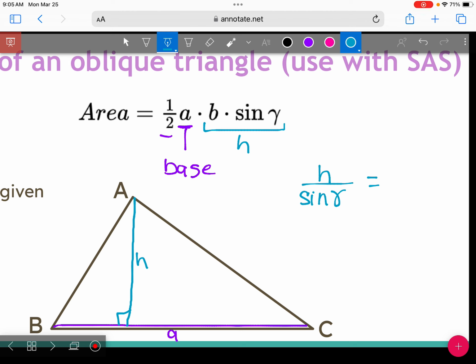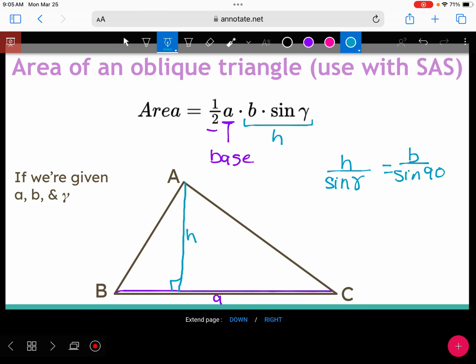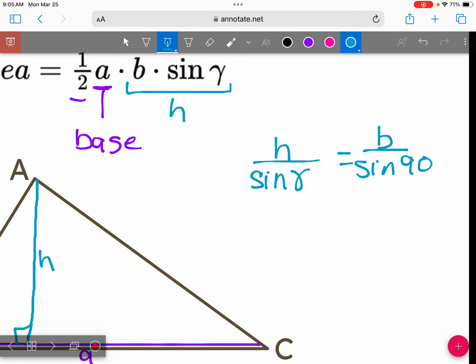And if we know side B, we could do B over sine of, looking at this little right triangle here, 90. What is sine of 90? 1.